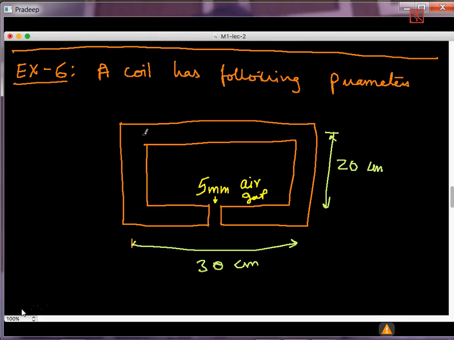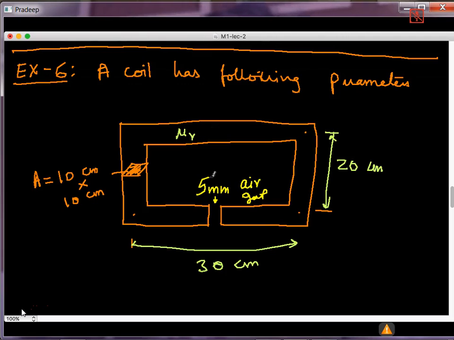Then the cross section area, this cross section area is like a square. So the area is 10 centimeters by 10 centimeters. So this is the distance calculated midpoint to midpoint. And then this particular material has a mu r of 1000.